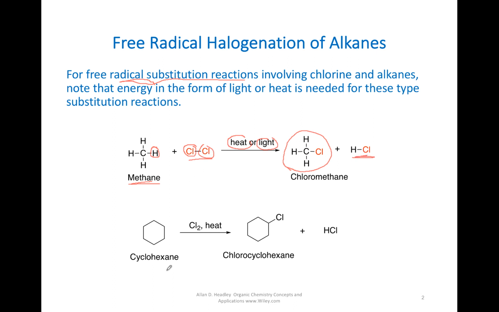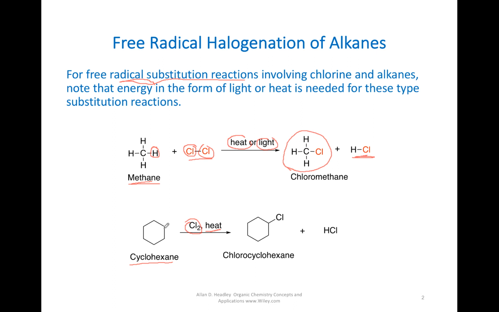So if given cyclohexane and you're asked to predict the organic product for the reaction with chlorine in the presence of energy in the form of heat, what you should be able to predict here is that this is the line angle representation of cyclohexane.